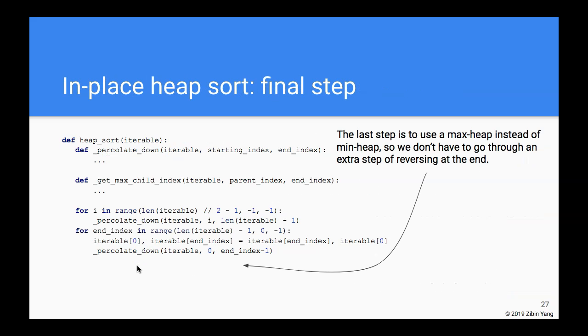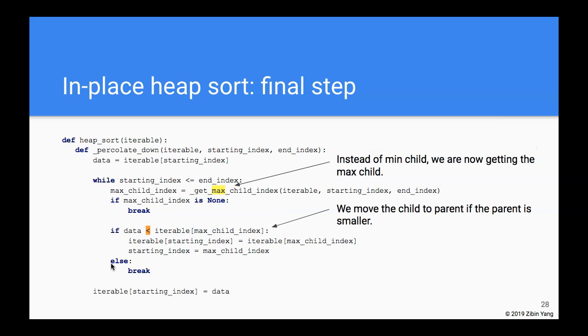So instead of using a min heap, we use a max heap. So I removed the reverse, and what we have to do for the max heap, remember, is we flip all the data comparison. So we basically just flip this, and we rename the helper function as well.